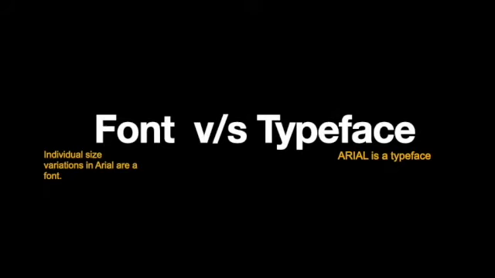So to clarify, font versus a typeface. A typeface is basically a family. For example, Arial is a typeface. A font is the individual size and characteristic variations of Arial. For example, an Arial Narrow, Arial Italic, Arial size, that is size number 10, size number 12, size number 14 are all different.